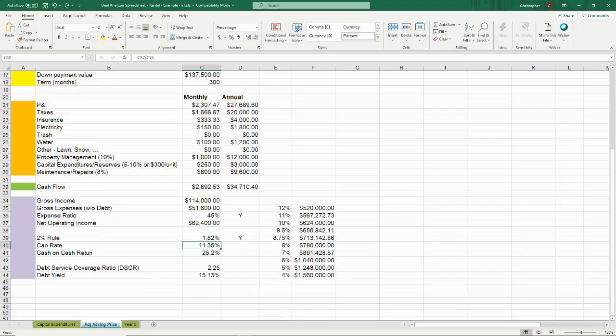Let's take a look at some cap rates. I've shown some here on the right. Cap rates ranging from 4% to 12%, all based on the same real estate asset. This real estate asset with a net operating income of $62,400.